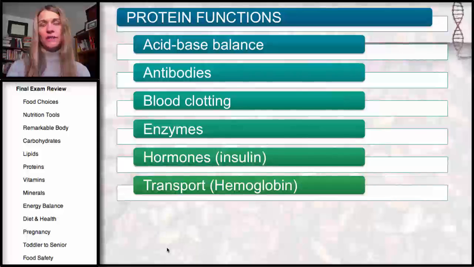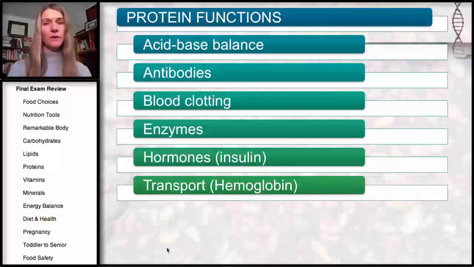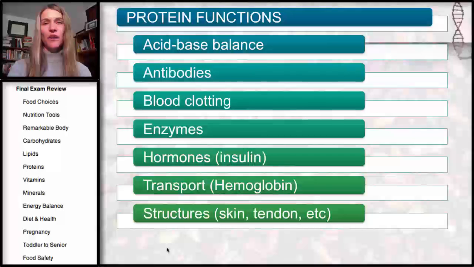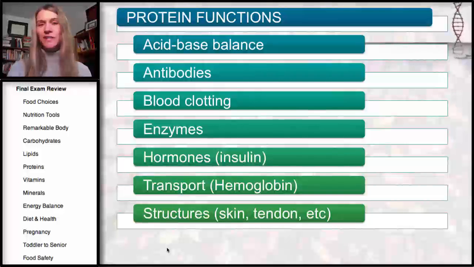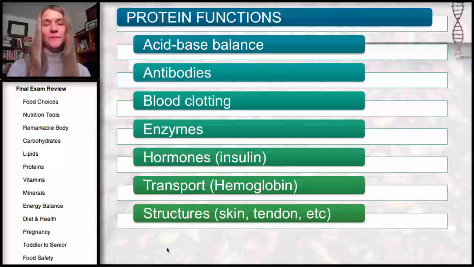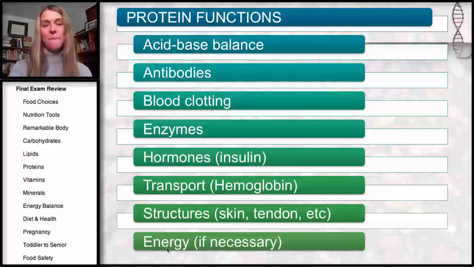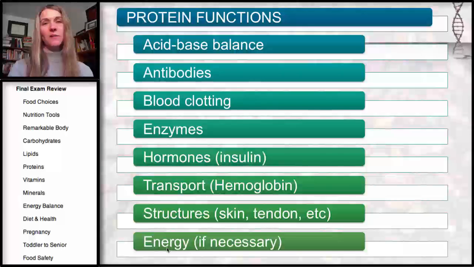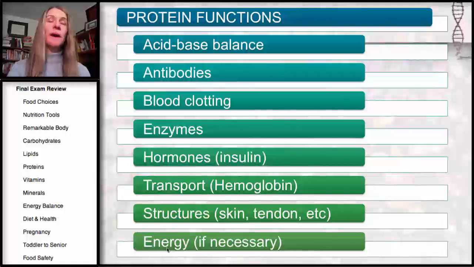They assist in transport, for example, hemoglobin, which transports oxygen in the blood. There are structures. You look down at your skin, you're looking at a protein. Your tendons, your ligaments, your muscles, everything you have in your body is going to be made up of protein. Now, energy. Protein can be used as energy, but only if necessary.